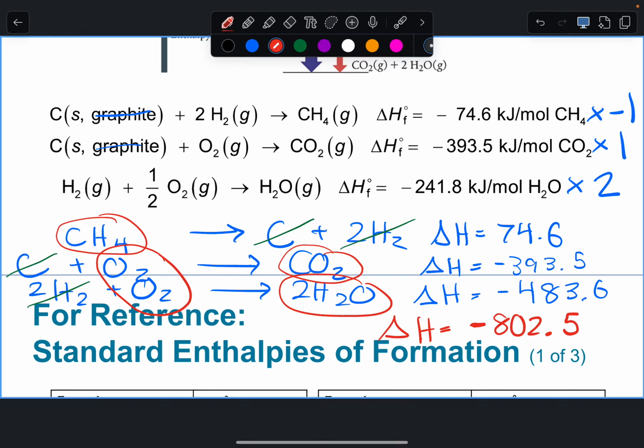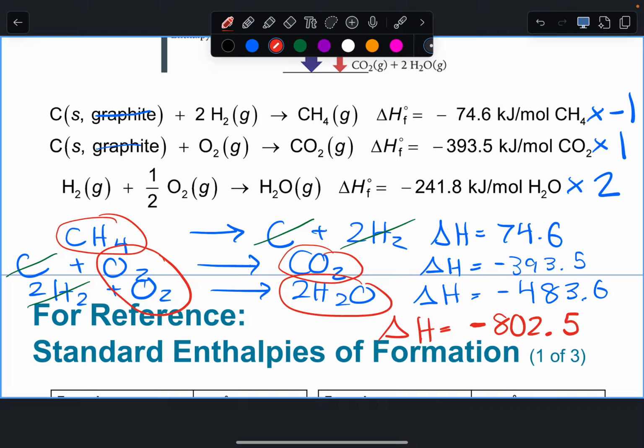Okay, good news. You don't ever have to do it this way again for these problems. When they are the standard enthalpy of formation, because you're using the same elements on all the different reactions, they will always cancel each other out. So all of the compounds are on the product side.